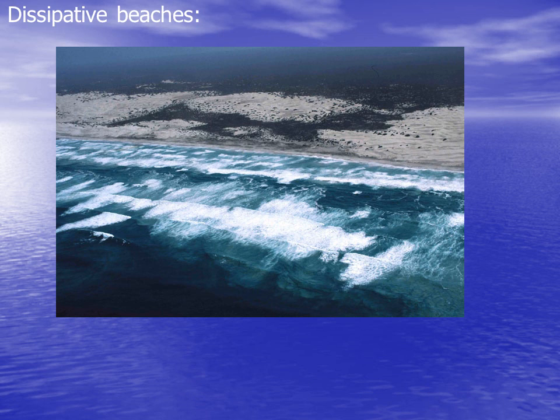Now, if we look at a dissipative beach, this is the classic surf beach. You see the land, you see all the whitecaps from the waves, and you see where the waves start to build. That's pretty far offshore. If you were surfing, you would start at that outermost wave, and you can ride waves into shore that way. You can see there's a lot of turbulence, a lot of turnover, a lot of oxygen getting pushed into those systems.